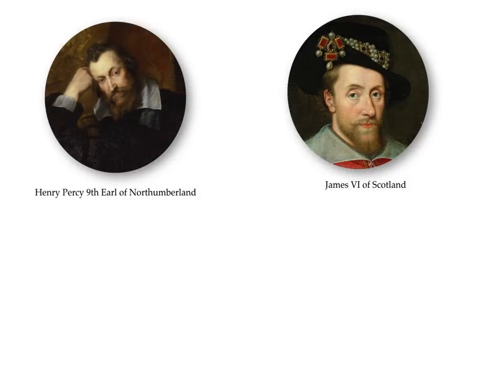Henry Percy, 9th Earl of Northumberland, the richest of the northern lords, wrote to James VI of Scotland. He reported that Essex had thought it scandalous for our nation that a stranger should be our king. James would have been considered a stranger as he was not born in England, making him legally ineligible to succeed Elizabeth.